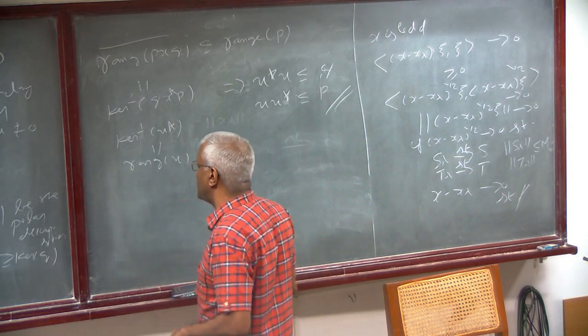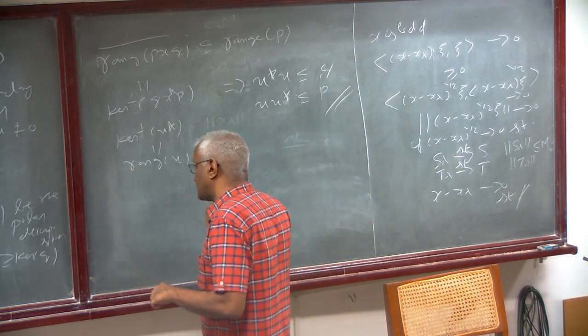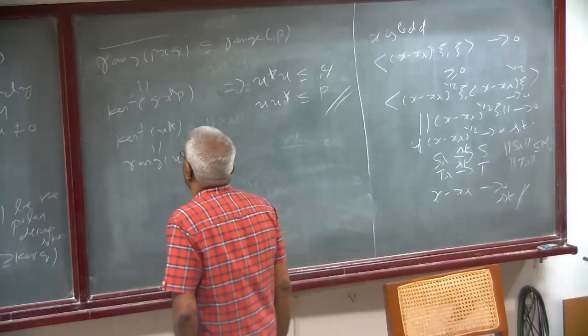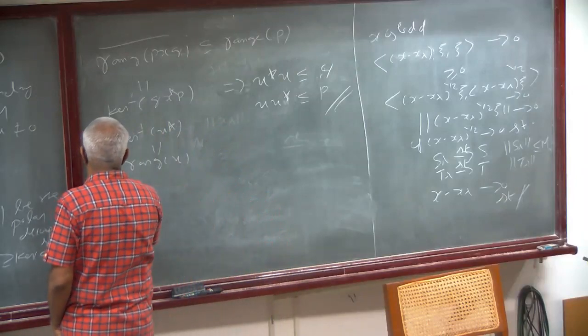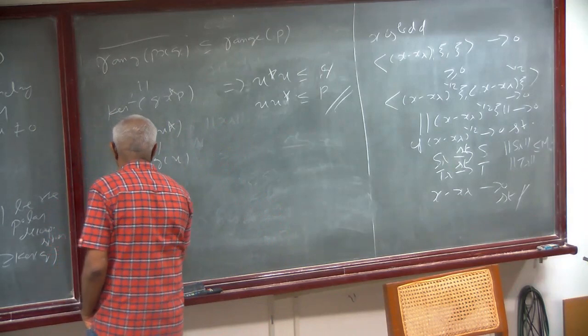is contained in range of P, and final space of the partial isometry is contained in Q. So now we define what is called a minimal projection.